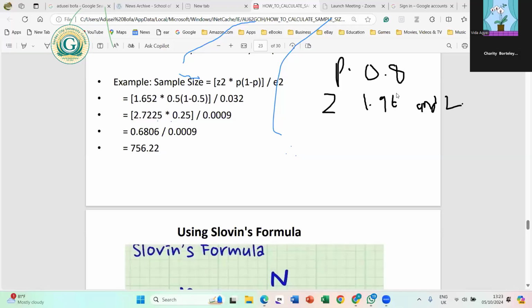Oh, let me explain this. I think I can reframe it. You remember I said that the researcher advised that you use 1.96 and 2.58 with a margin of error 0.02.